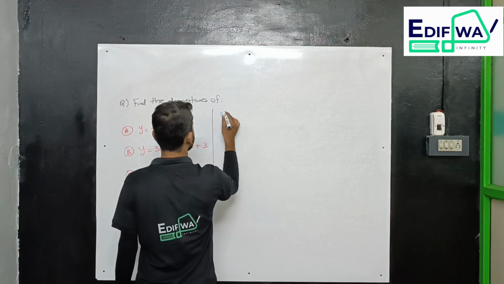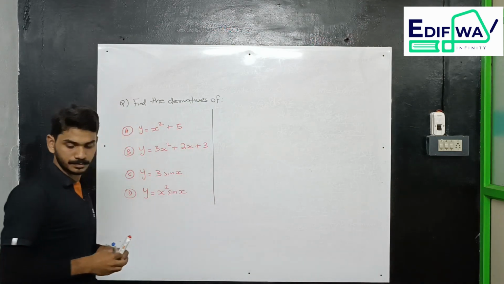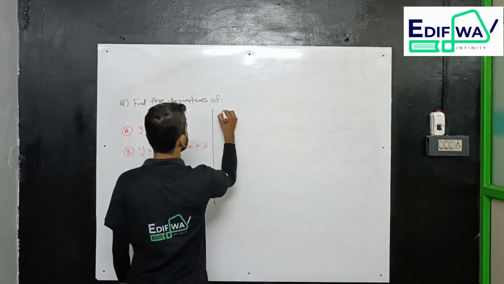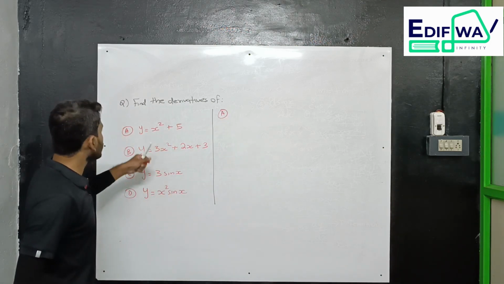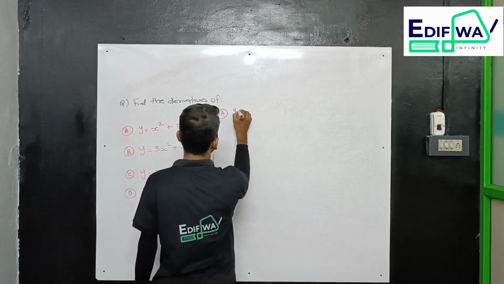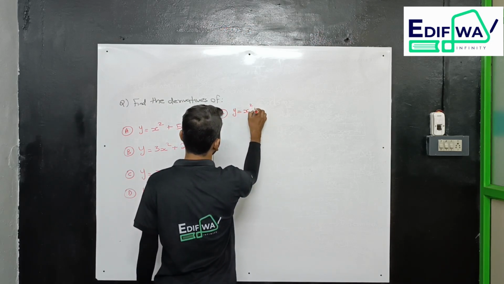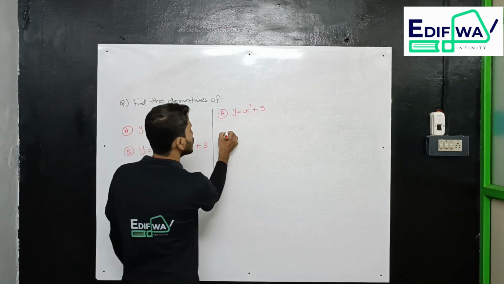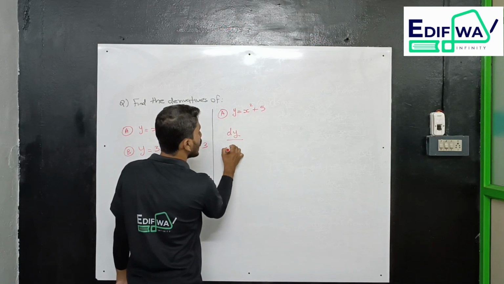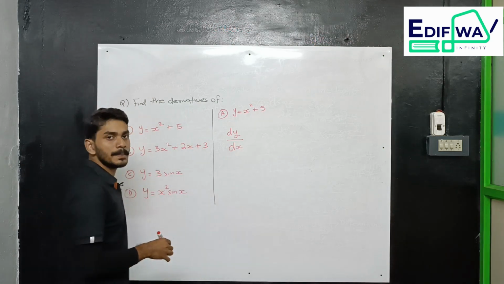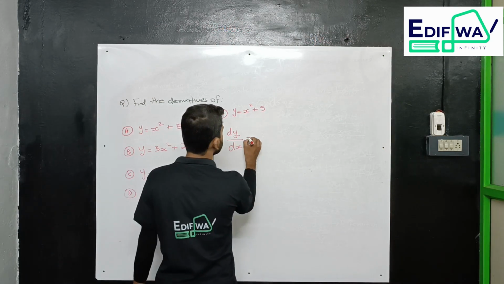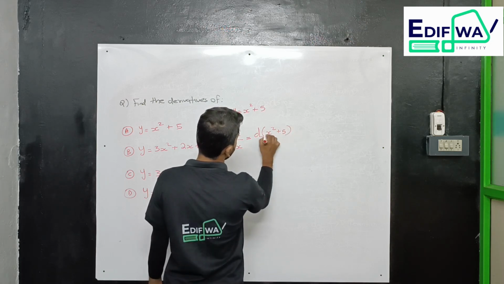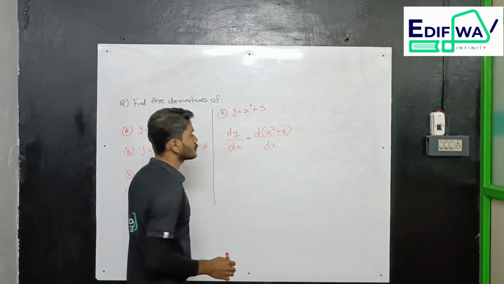So let's start with the A question. They have given that y is equal to x square plus 5. You want to find the derivative. Do you remember the derivative is dy by dx? dy by dx is equal to derivative of x square plus 5 with respect to dx.